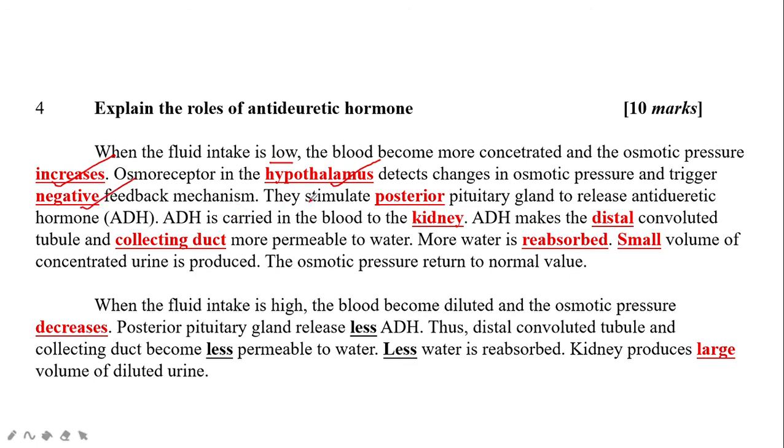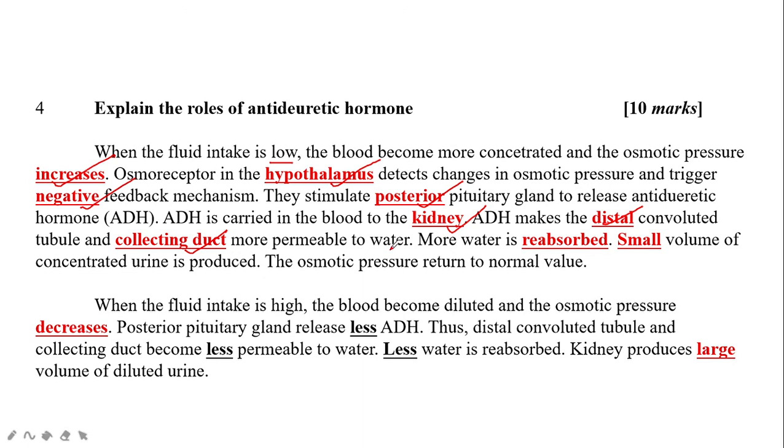So this osmoreceptor will stimulate the posterior pituitary gland to release antidiuretic hormone, ADH. So ADH is carried in the blood to the kidney. So ADH makes the distal convoluted tubule and collecting duct become more permeable to water.